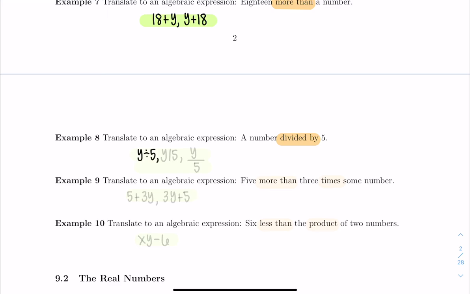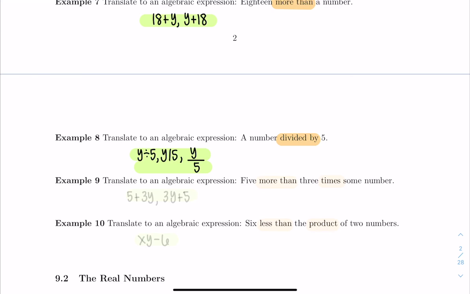We could also write this as y over 5, or one last way is y divided by 5. All three of those are perfectly okay to write. You will see me write the last one the most.